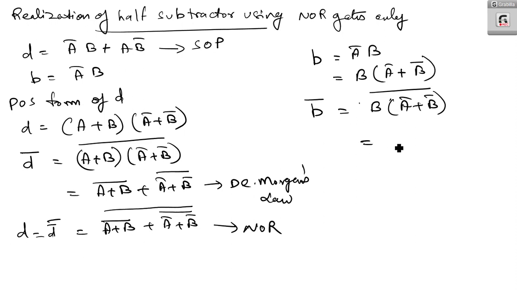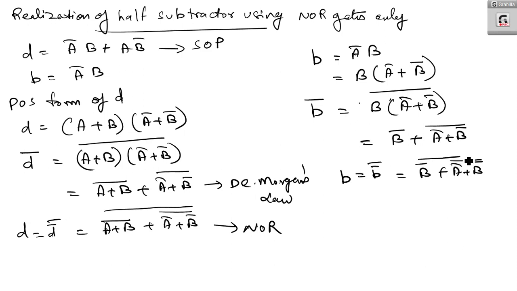That I can write as B bar or A bar or B bar, the whole bar. So borrow is B bar bar, that is B bar or A bar or B bar, the whole bar. Okay. So that is again in NOR form.